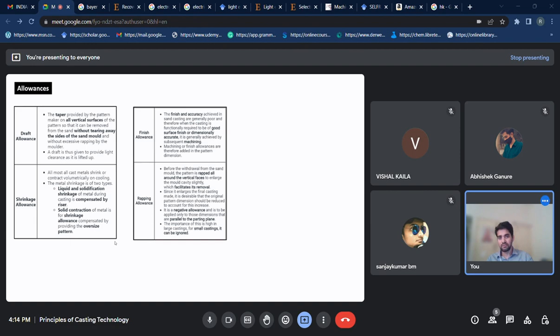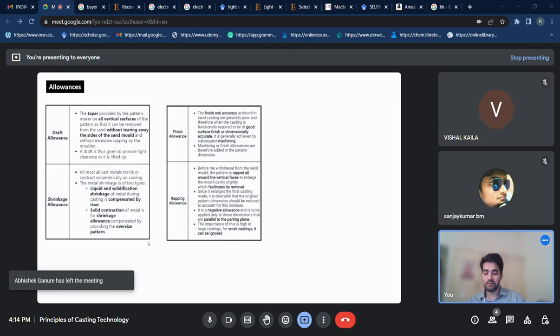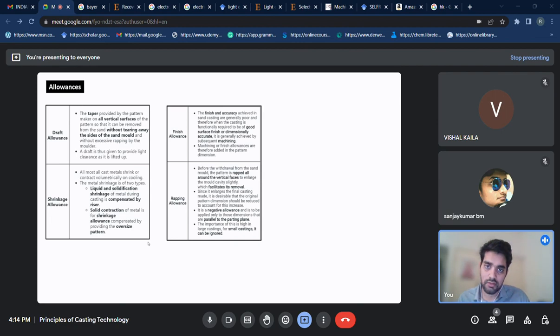There are advanced casting processes available whose surfaces are very smooth, but these costly processes are adopted for very high-tech applications. For general purpose castings, we need to machine the final product, and therefore some allowances are needed.